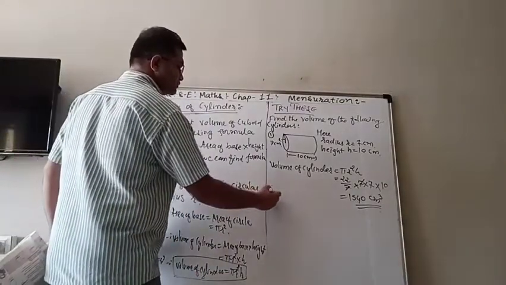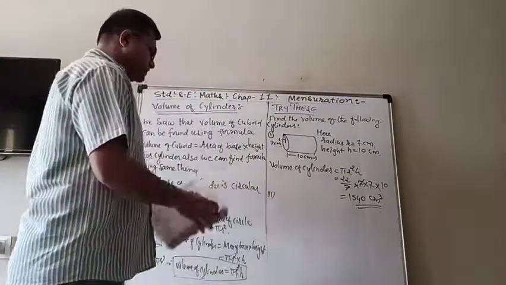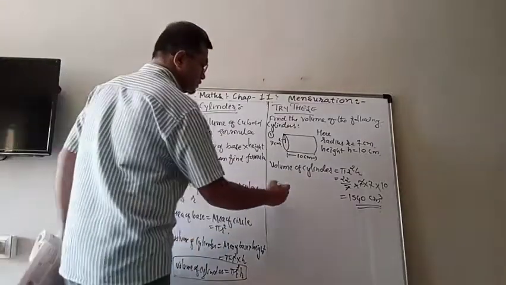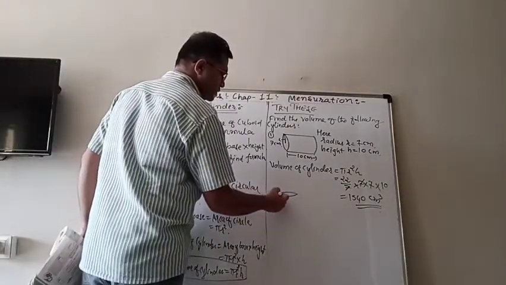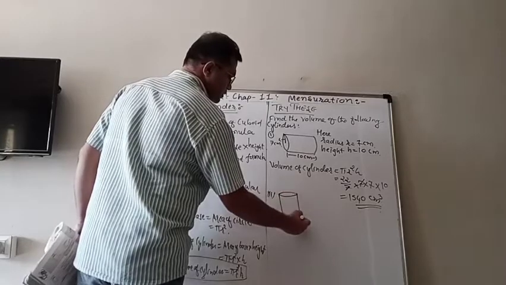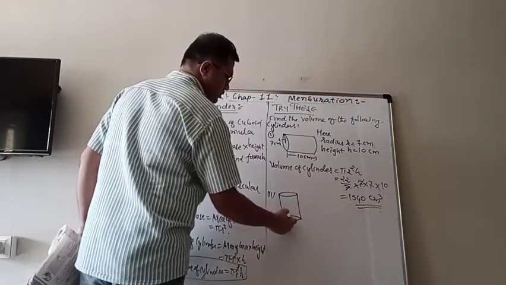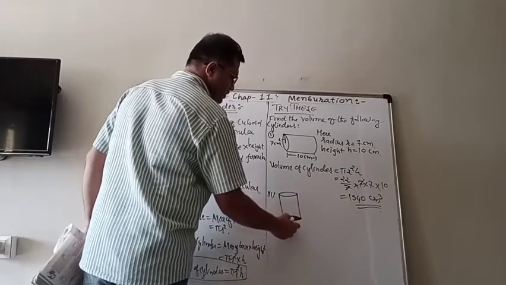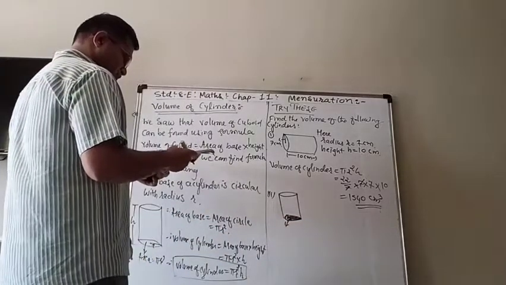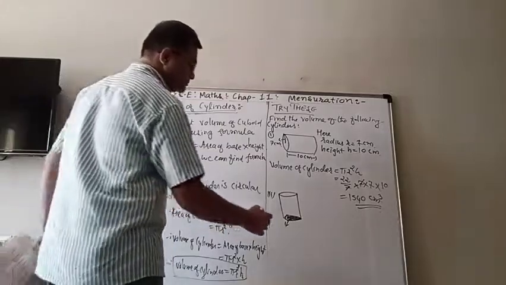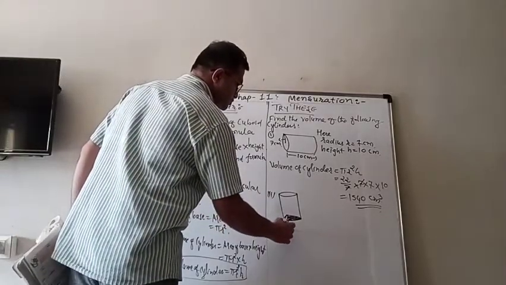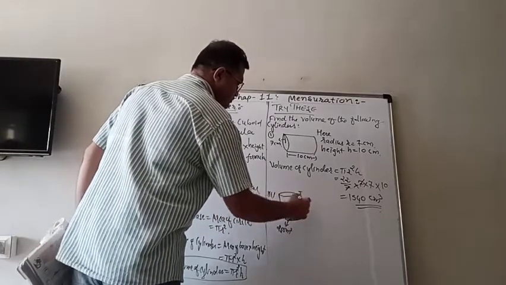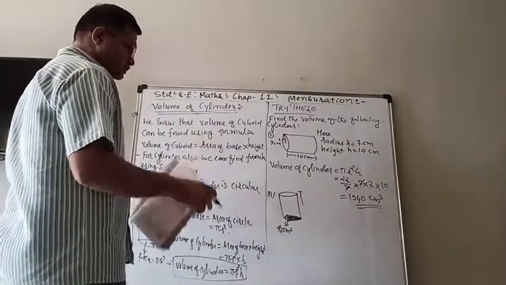Second one. In the second cylinder, the shaded part is the base, its area is given 250 meters square and the height is given 2 meter.